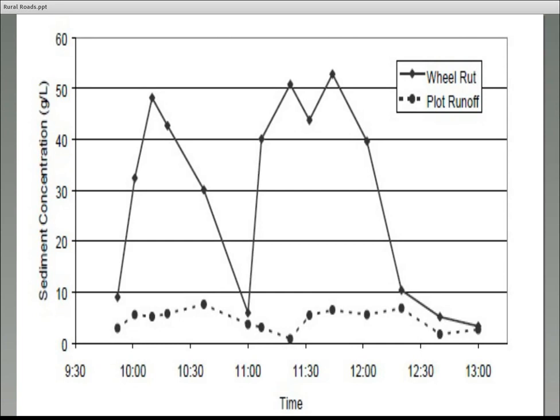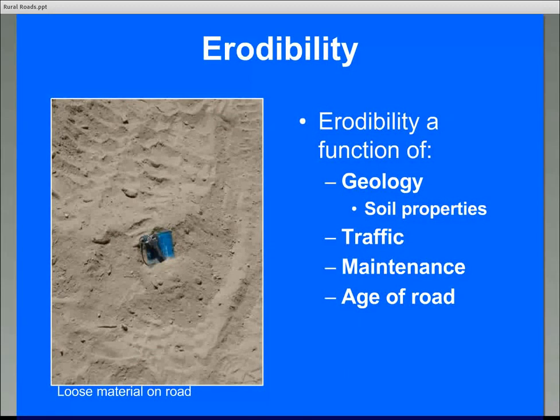This is a schematic, a figure showing sediment concentration on wheel ruts versus just a planar plot on the road surface. As you can see here, there's about an order of magnitude difference in the peaks between just sheet wash on the road versus the erosion that's coming off a wheel rut. So we also want to reduce rutting on our road surfaces.